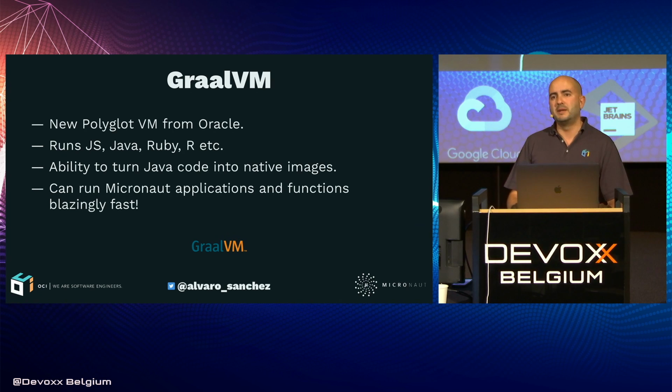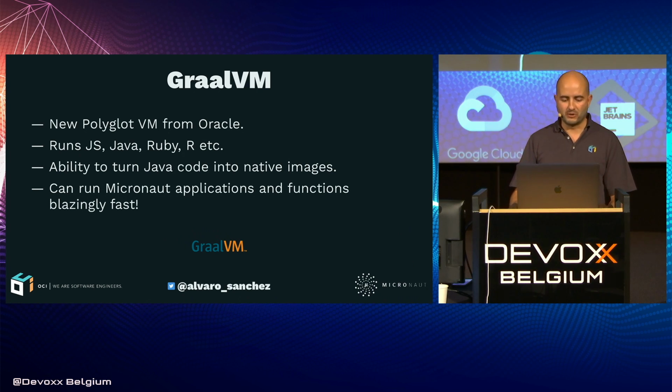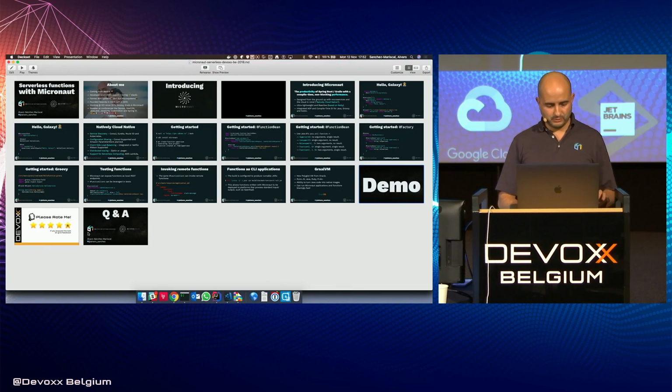There are many things that already work in Graal with Micronaut, so you can have HTTP servers, clients, and functions as well. The problem becomes when you want anything else, like for instance Hibernate or databases. Those frameworks are not prepared for running on Graal. That's a different subject. So I've got some things to show.